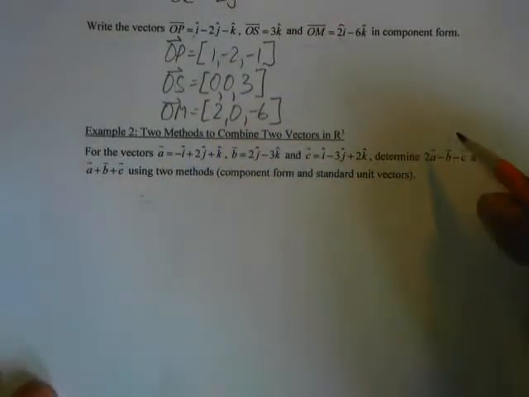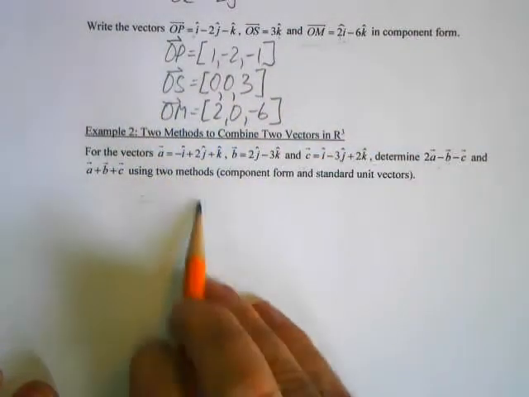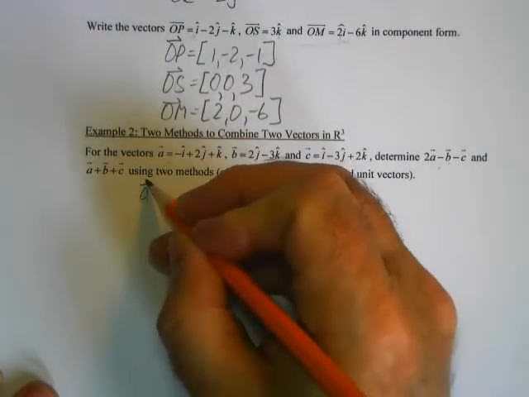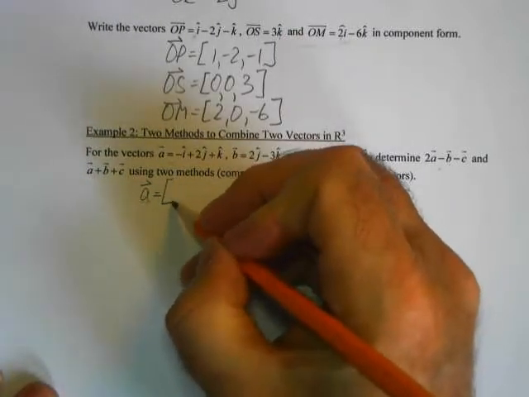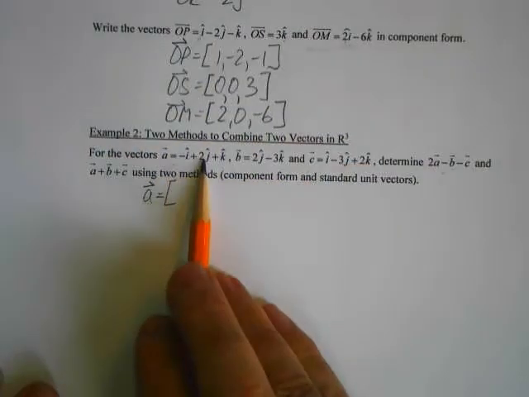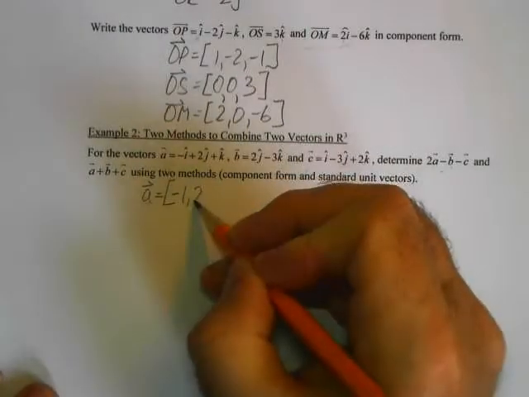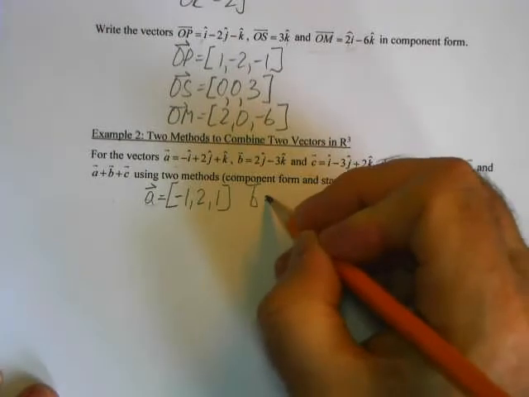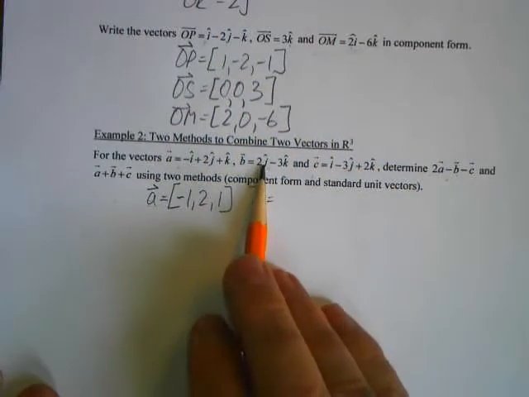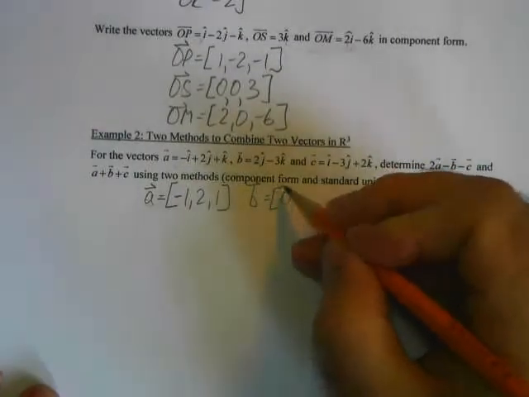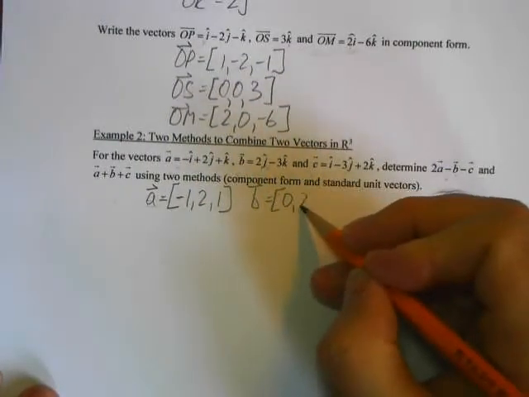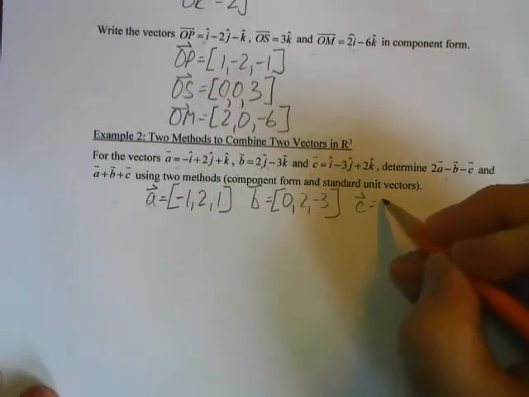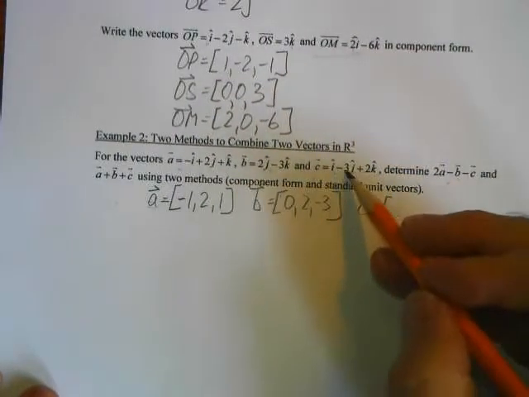Before I do that, I'm going to first write vectors A, B, and C in component form, so I can reference this. So A would be negative 1, 2, 1. Vector B would be, so there's no i, so that's a 0, 0, 2, negative 3. And finally, vector C would be 1, negative 3, 2.